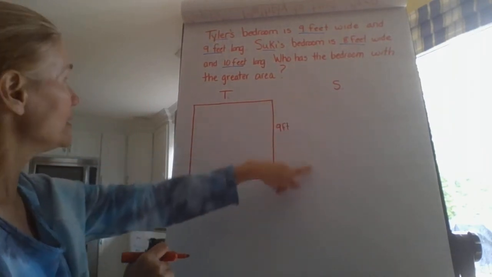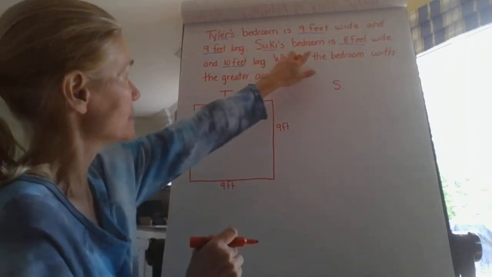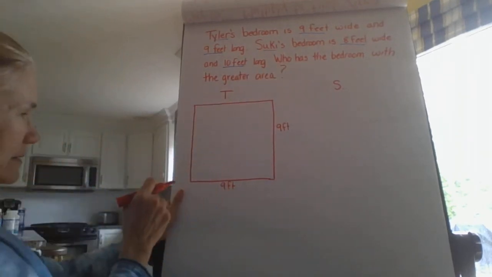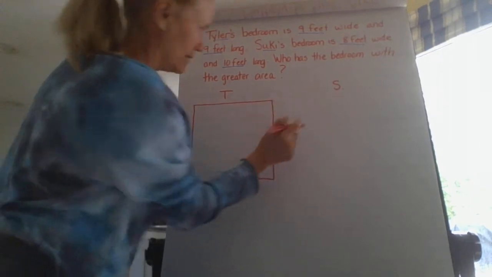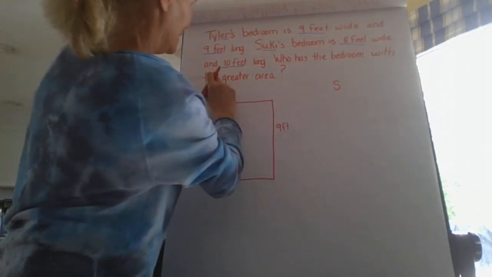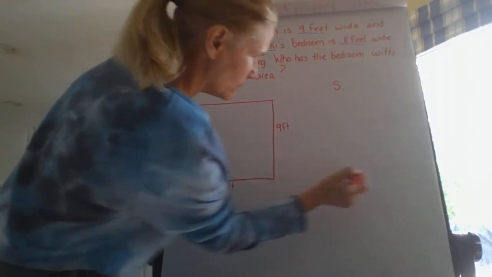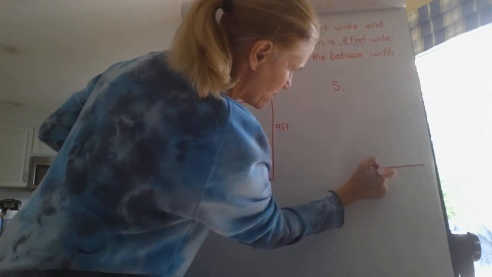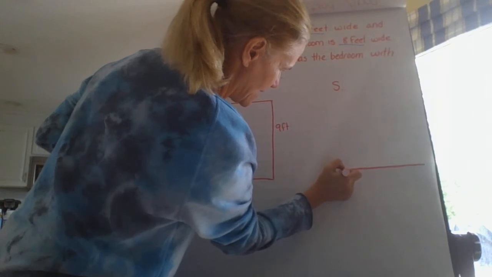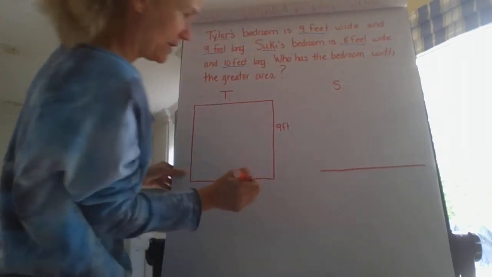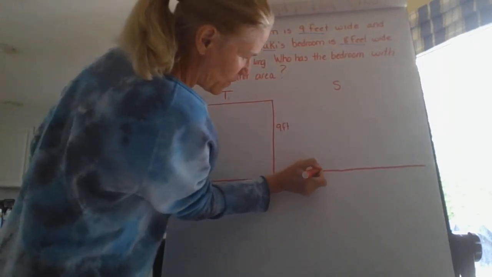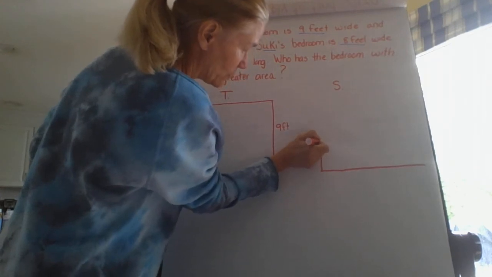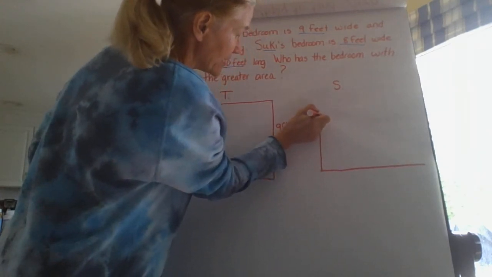Now I'm going to draw Suki's rectangle, and Suki's bedroom is 8 feet wide and 10 feet long. So we're going to do 1, 2, 3, 4, 5, 6, 7, 8, 9, 10 feet long, but only 8 feet wide. 1, 2, 3, 4, 5, 6, 7, 8.